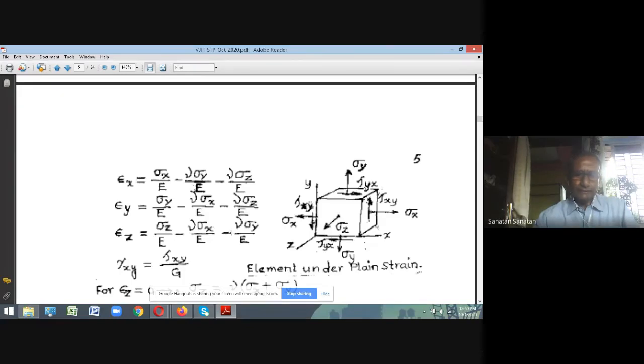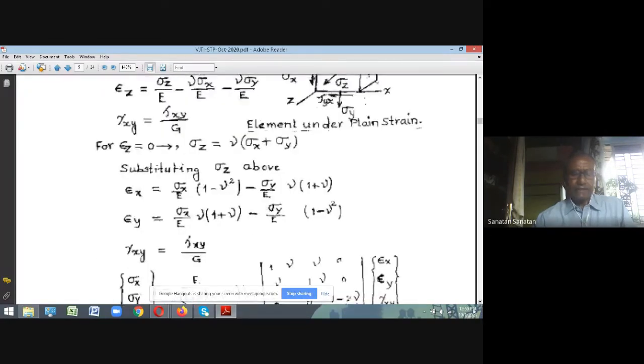Epsilon x is sigma x by E minus mu sigma y by E minus mu sigma z by E. Similarly, epsilon y is written in the same manner. Epsilon z is written in the same manner using the generalized law. And shear strain, shear deformation, gamma xy is tau xy shear stress divided by rigidity modulus G.